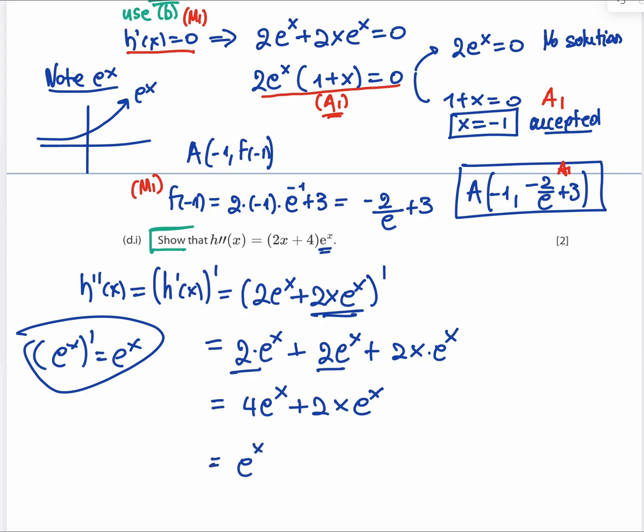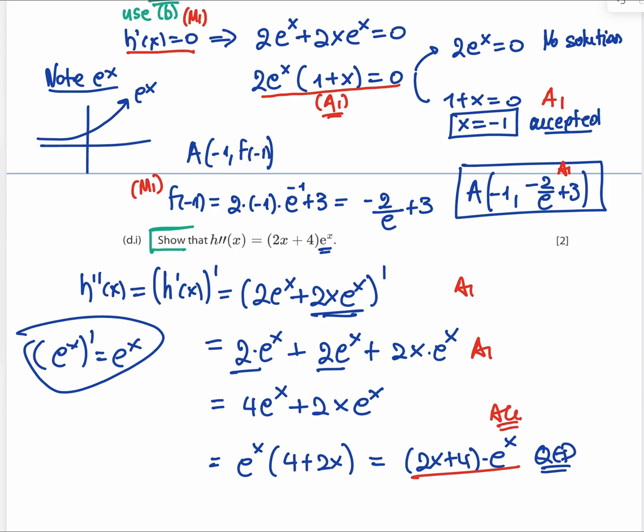E to the power of x, that's going to give us 4 plus 2x, or otherwise 2x plus 4 times e to the power of x, and then QED, because we have shown what needs to be shown. Now that was for 2 marks, and 1 mark essentially would be the use of product rule, and at the same time the fact that this has been correct. This is the answer given, AG, so you don't get a mark for that, and that corresponds to the 2 marks that we see up here.